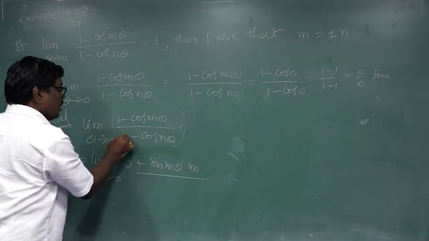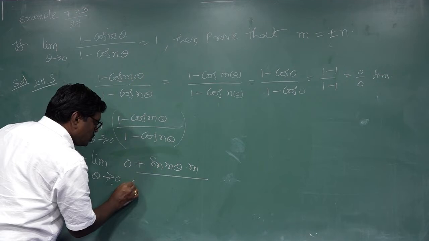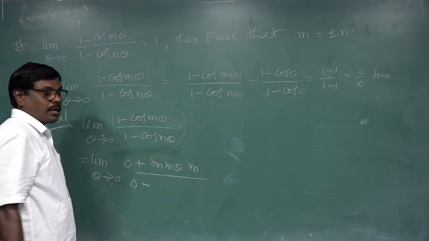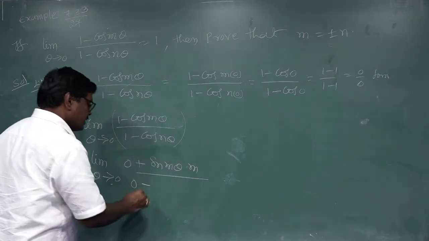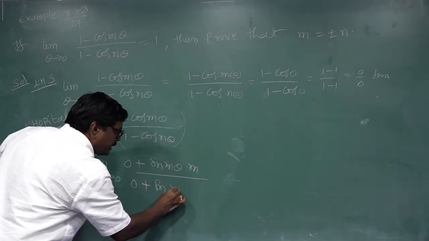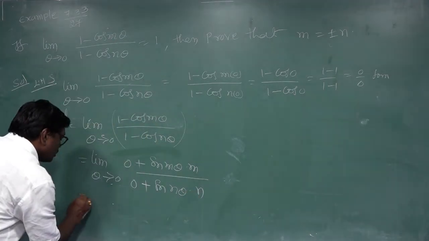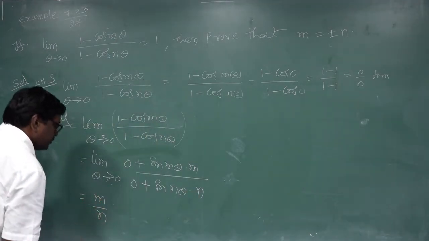Denominator: derivative of 1 is 0, derivative of cos n theta is minus sin n theta, and the inner derivative is n. So we get m by n.